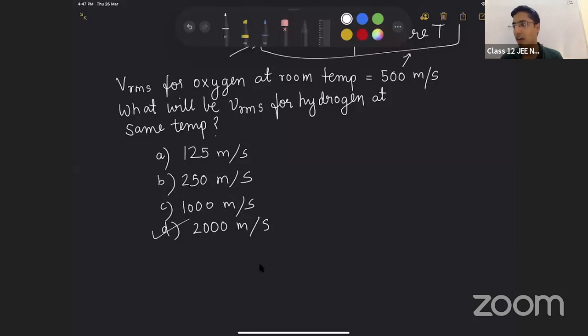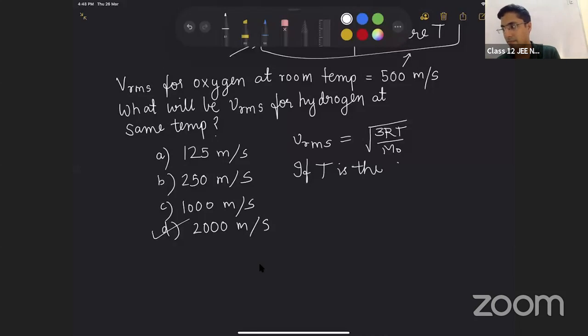Well done. So how do we do this? We know that Vrms is root of 3RT by M naught. If temperature is the same, we can say that Vrms is proportional to 1 by root M naught.